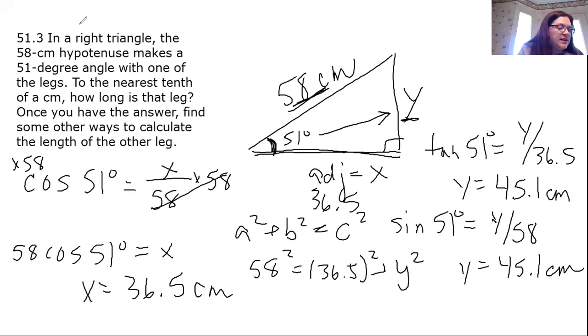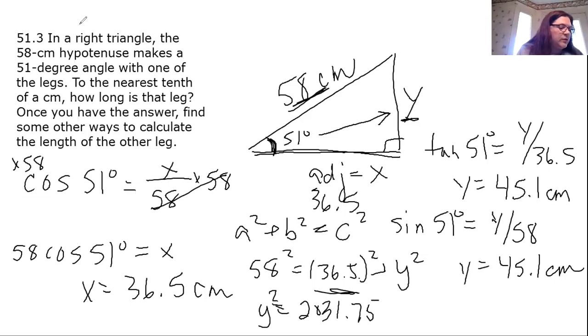If I take 58 squared and subtract out 36.5 squared, I get that y squared equals 2031.75.